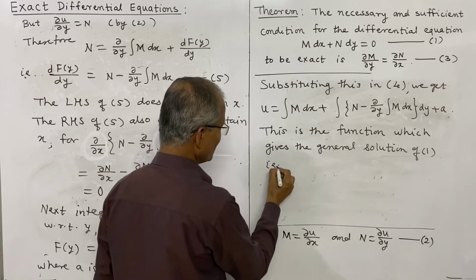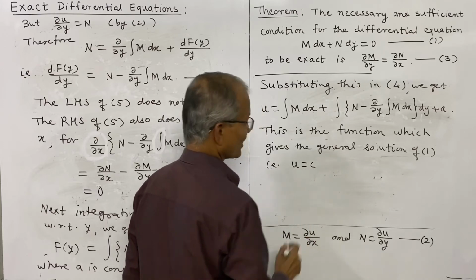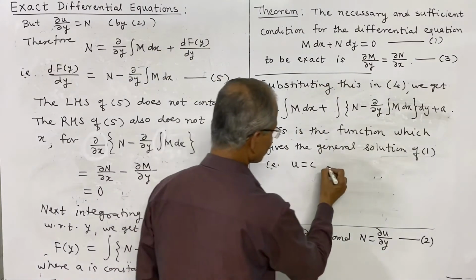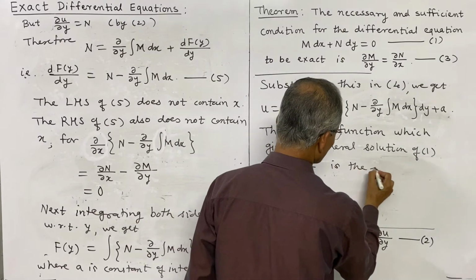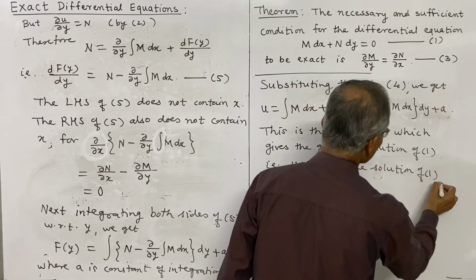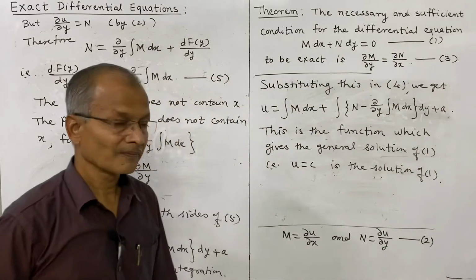That is, u is equal to a constant. Another constant is the solution of 1. And thus 1 is exact.